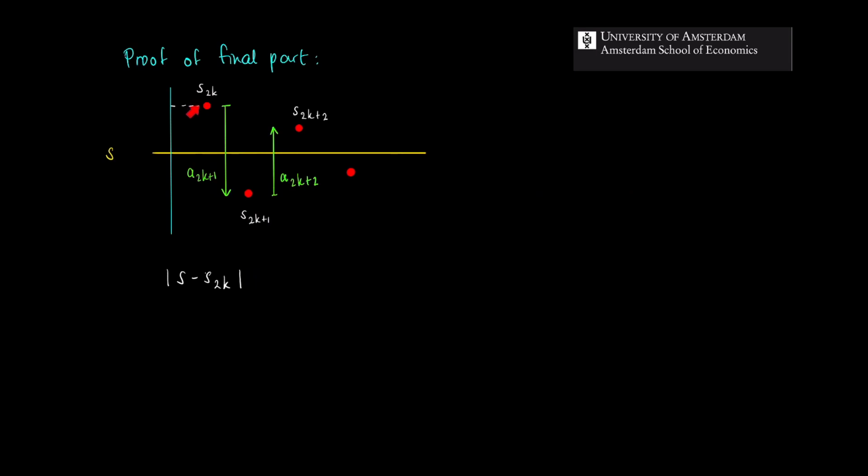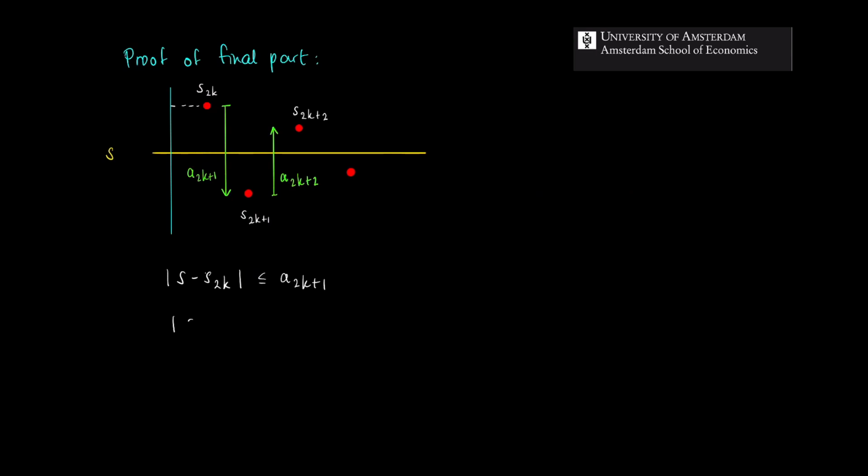So we see that the difference between S2k and S is this part, and now we jump. So the jump is bigger than the difference of S2k and S, right? So we know that this holds: the absolute value of S minus S2k is smaller or equal than the size of the jump downwards, and that's a2k plus 1.